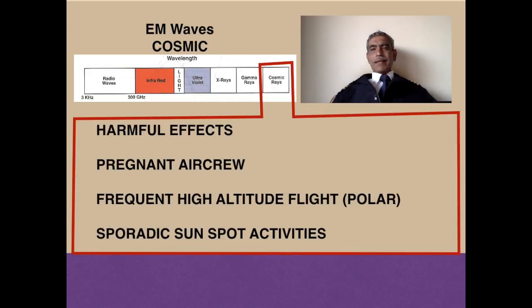Having covered the salient features of the entire frequency band, let me go back to the beginning and visit the radio waves, that is the 3 kilohertz to 300 gigahertz band. This is the band which we use more frequently for several practical applications in aviation, and we are going to be studying this particular band in great depth. So that's where I will leave this class, and from the next class onwards we are going to be talking about this band and its properties in much more detail.